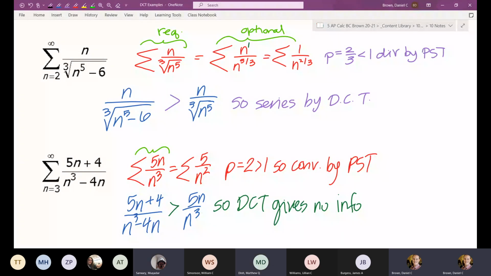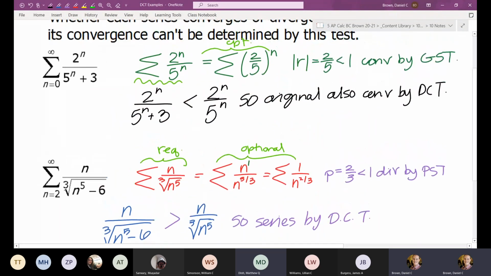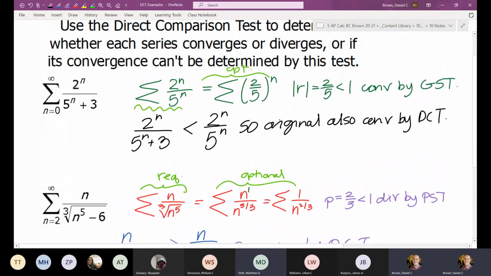Mr. Brown, for the first one, could you have done the nth term test? Wouldn't it give you 2/5? You could do the nth term test, but it wouldn't be 2/5; you would technically want to use L'Hopital's rule.